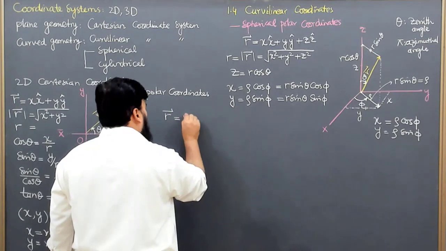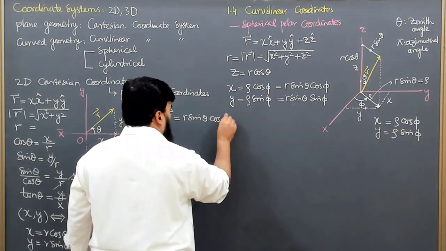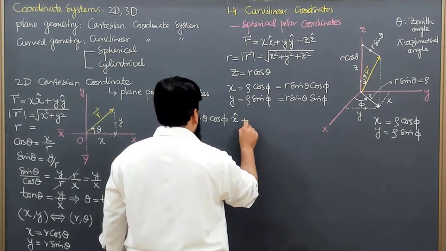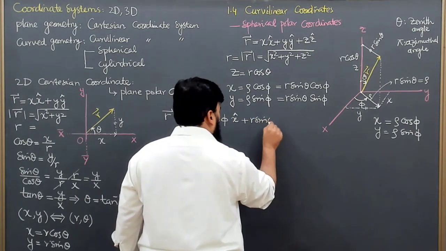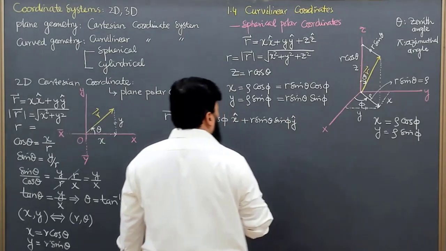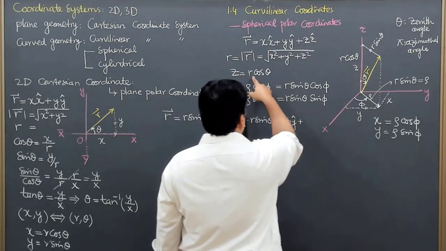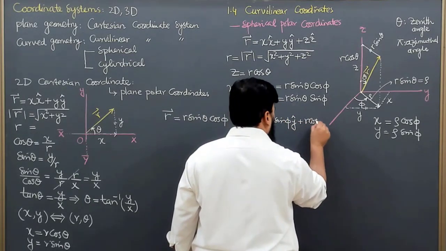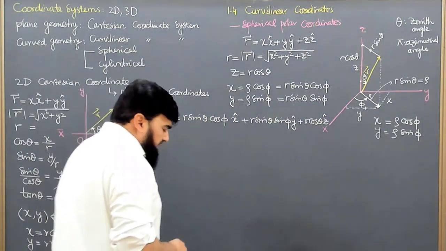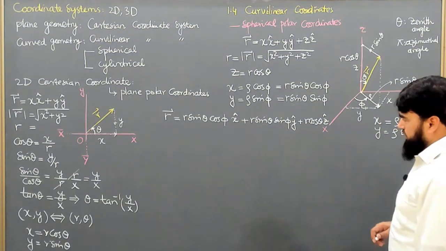For x I can write r sine theta cos phi, and this is an x unit vector, plus r sine theta sine phi, this is the y component, and r cos theta in z unit vector. So I have written r here, that r is equal to this.